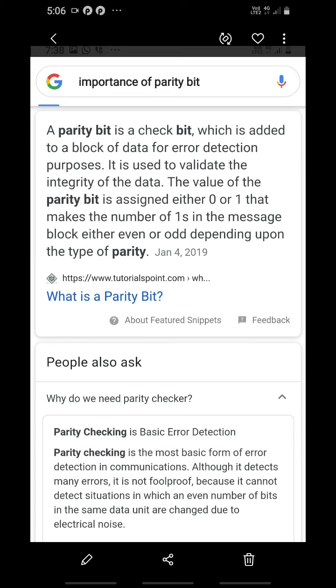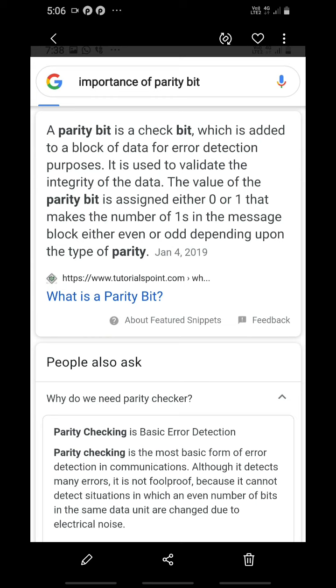A parity bit is an extra bit included with a message to make the total number of ones either even or odd.